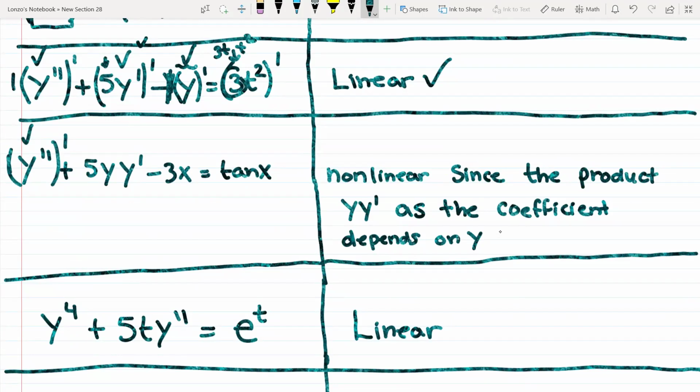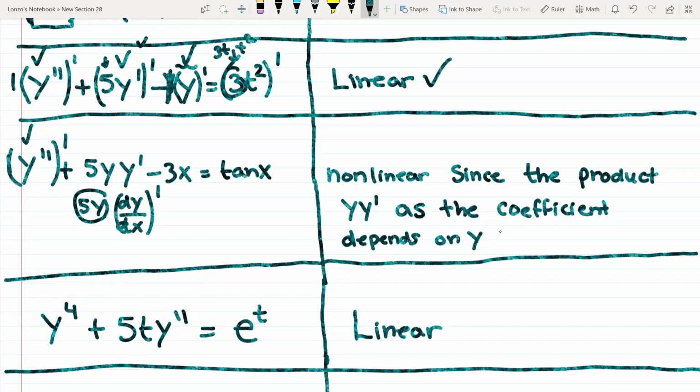What about this one? We have 5y, y prime. Well, did you know that 5y times y prime is the same thing as 5y times dy/dx? So even though this is to the power of 1, the coefficient 5y has the same letter as the numerator, right? It's with respect to the independent variable.